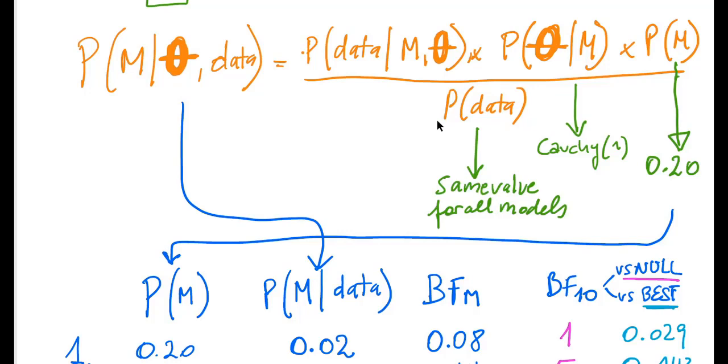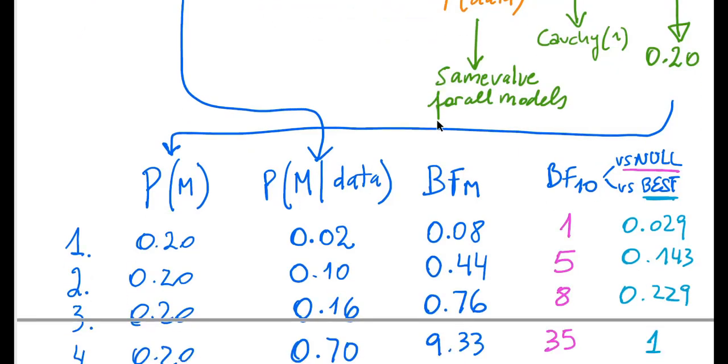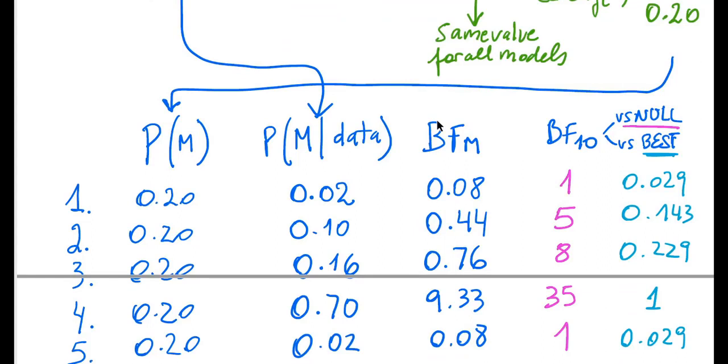Okay, I'll show you how JASP presents the results. So JASP will show you the models, model 1, 2, 3, 4, 5. They will give you the variables.